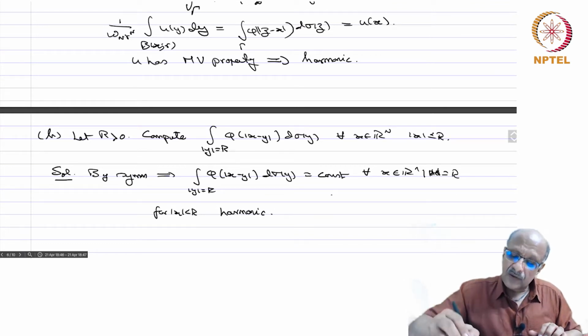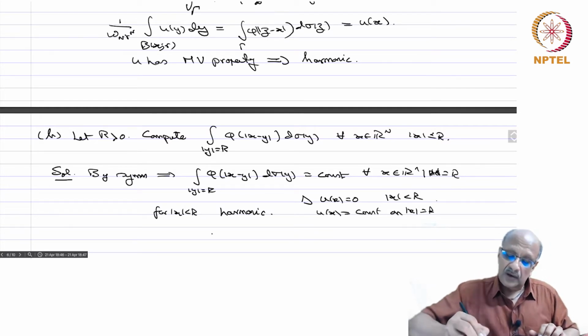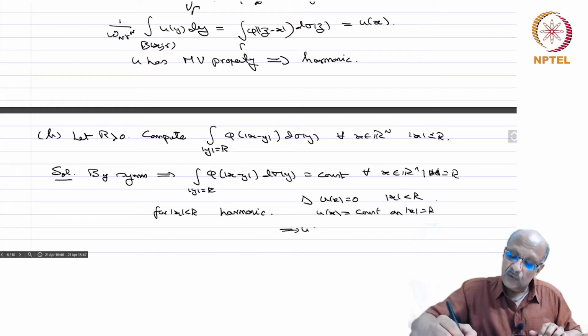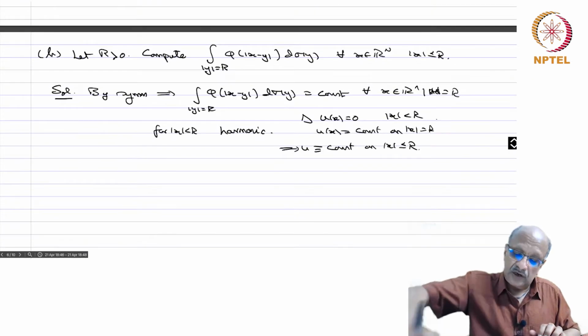So if you call this u of x, then delta u of x equals 0, and u of x equals a constant on mod x equal to r. This is by the previous exercise, and therefore u is identically constant on mod x less than or equal to r by the uniqueness of the solution to the Dirichlet problem.